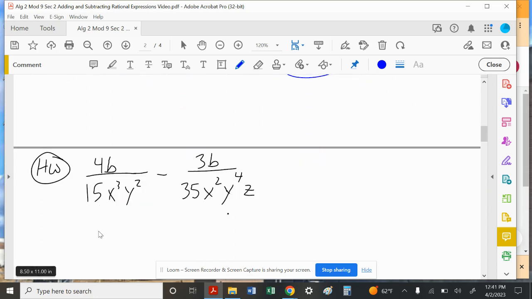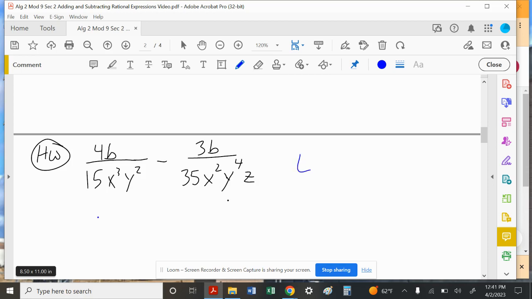I have a problem that's very similar. Let's take a look at this one, and then we'll finish up the rest on other videos, but let's go ahead and do this one. So what's my lowest common denominator? Well, notice that my 15 needs a 3. The 35 does not. My 15 needs a 5, and my 35 also needs a 5.